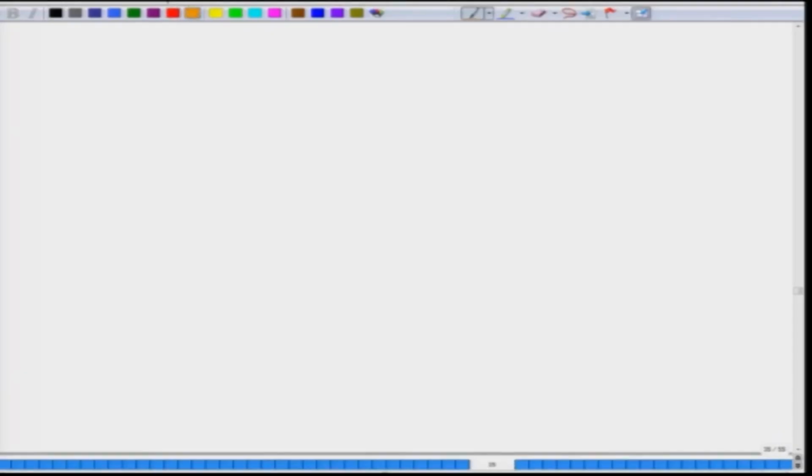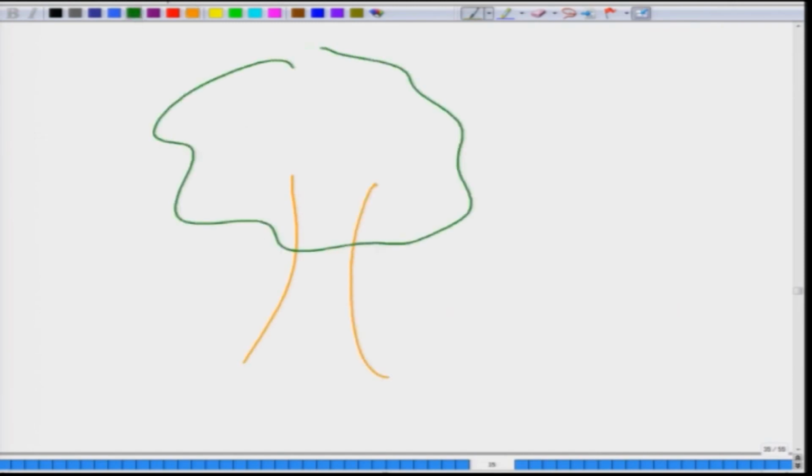Another option is that if you have this tree and you want to measure the height, you can ask somebody to climb the tree, reach this point, and drop a string with a weight attached to it. When the weight touches the ground, the length of the string gives you the height of the tree.